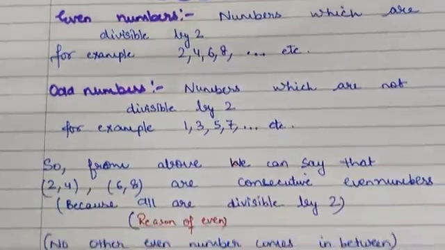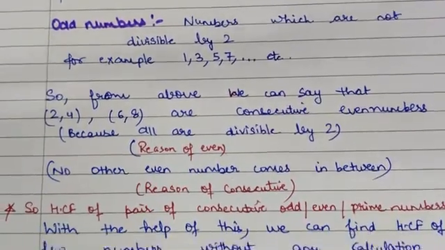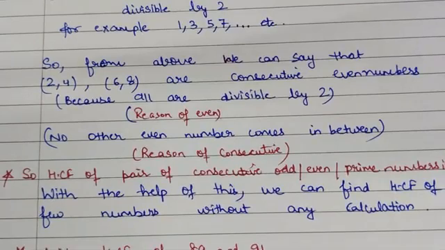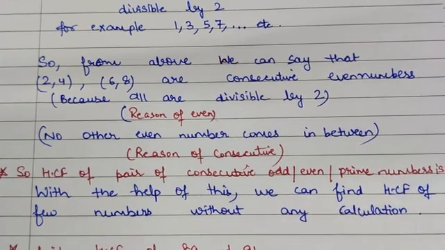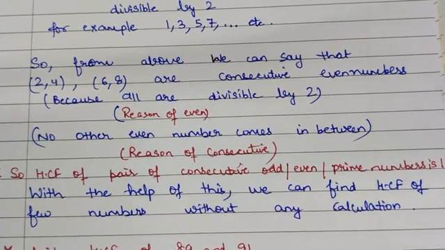Now we can say that the HCF of a pair of consecutive odd numbers, consecutive even numbers or prime numbers is always 1. With the help of this, we can find the HCF of a few numbers without any calculation.